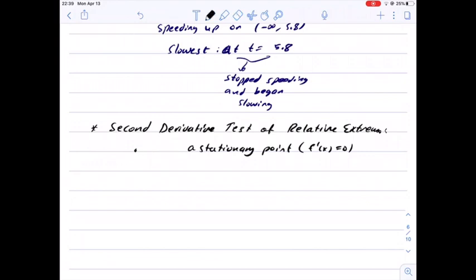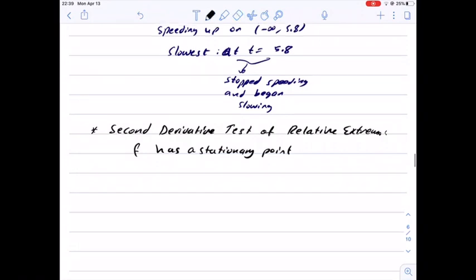F has a stationary point, where f prime of x equals 0. Let's call this point x equals C, where the first derivative evaluated at C equals 0, and the second derivative at C exists.